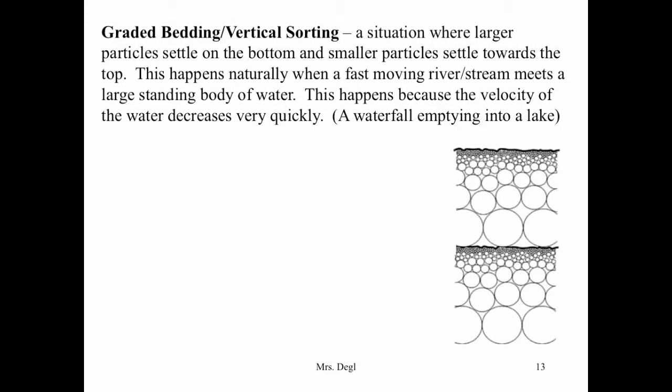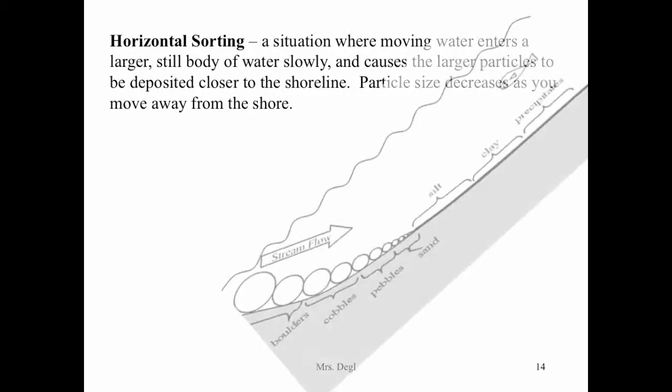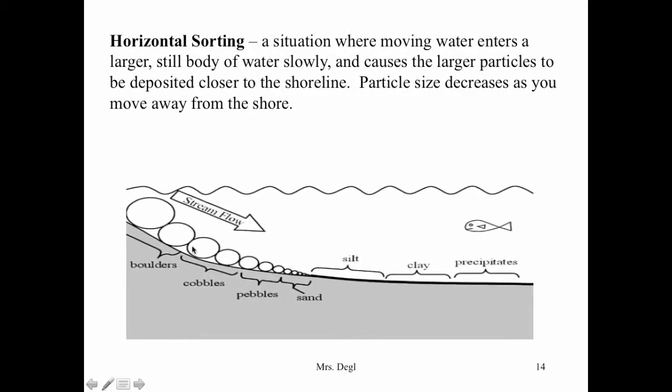Okay, so if we just look at this, we have sorting. Notice that the big particles tend to go to the bottom, and then as you go up, the particles are going to get smaller. Horizontal sorting, which is where the river is going to enter a lake, is where the big particles are going to be dropped off, because that's where it's going to slow down.